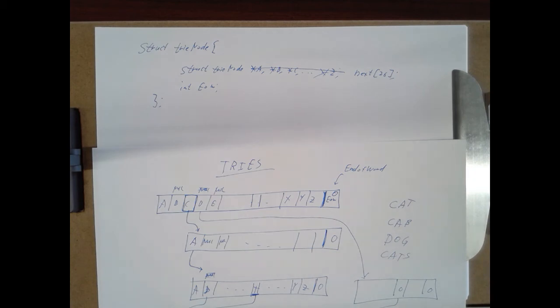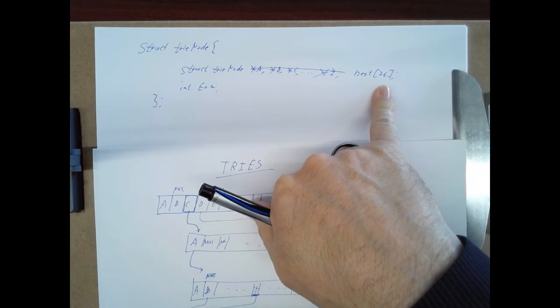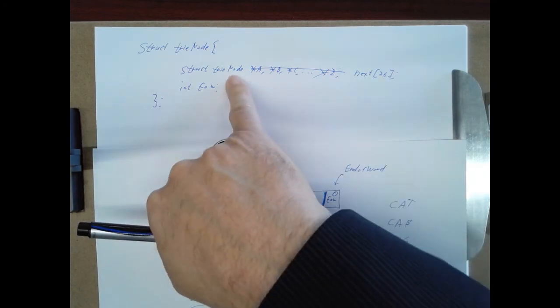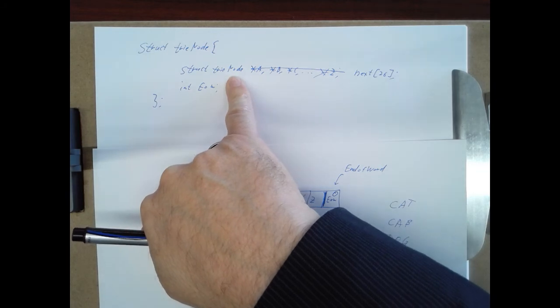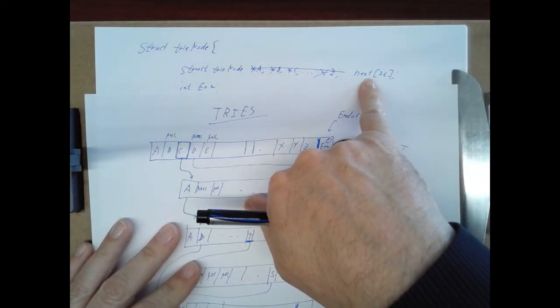And so how do you store something? Well, you take your string that you're trying to store, you look at your first character, so string bracket 0. You look at your root node, and you check next bracket, whatever index corresponds to that character. And if it's null, then you have to create a new node, point that indexed pointer to that new node, and continue.